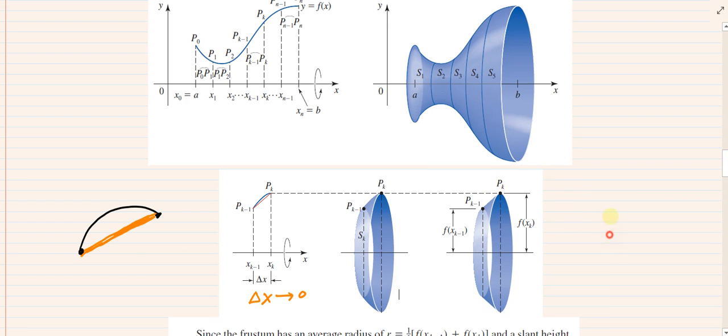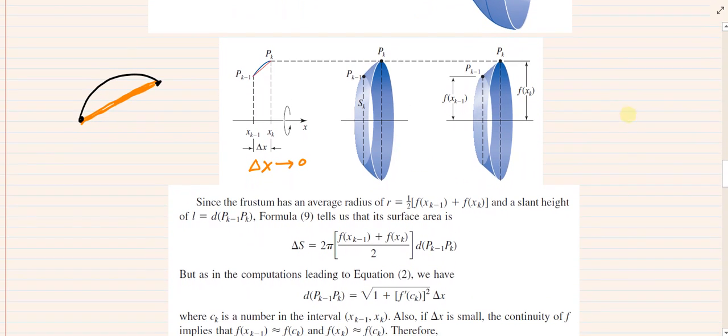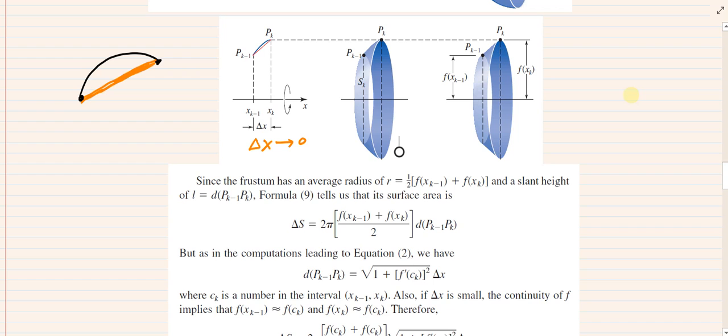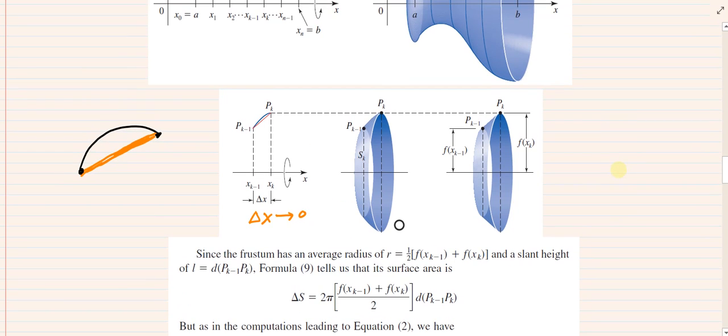Now this turns out to be the frustum of a cone. Okay, and what do we mean by frustum of a cone? The frustum of a cone is this. Suppose I have a cone like so.